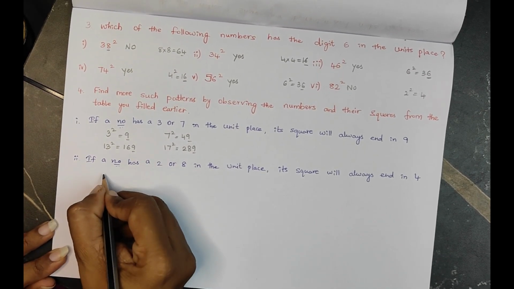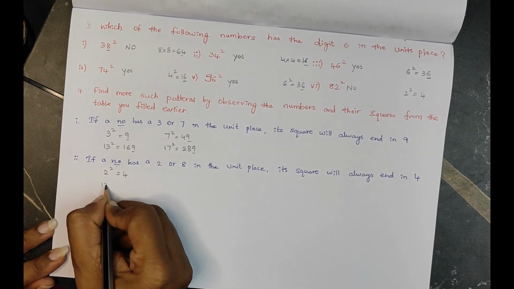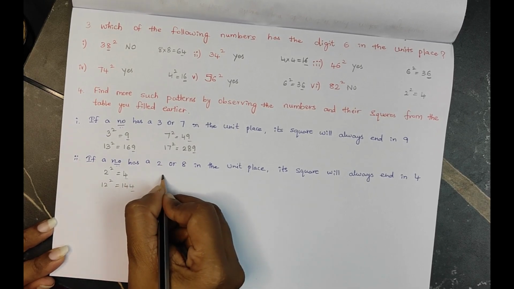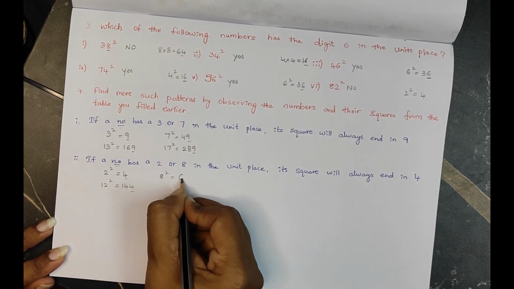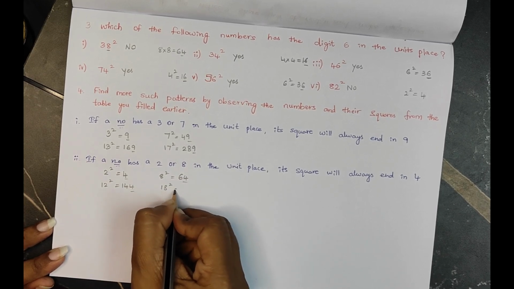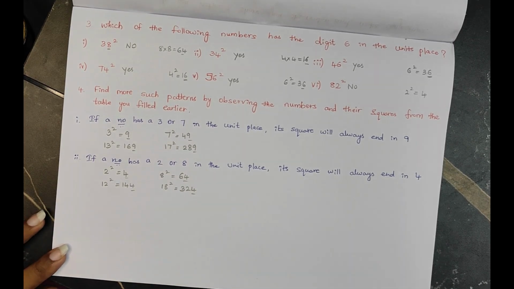Example, 2 square is 4, 12 square is 144. Then 8 square we have 64, 18 square is 324. So it is ending with 4.